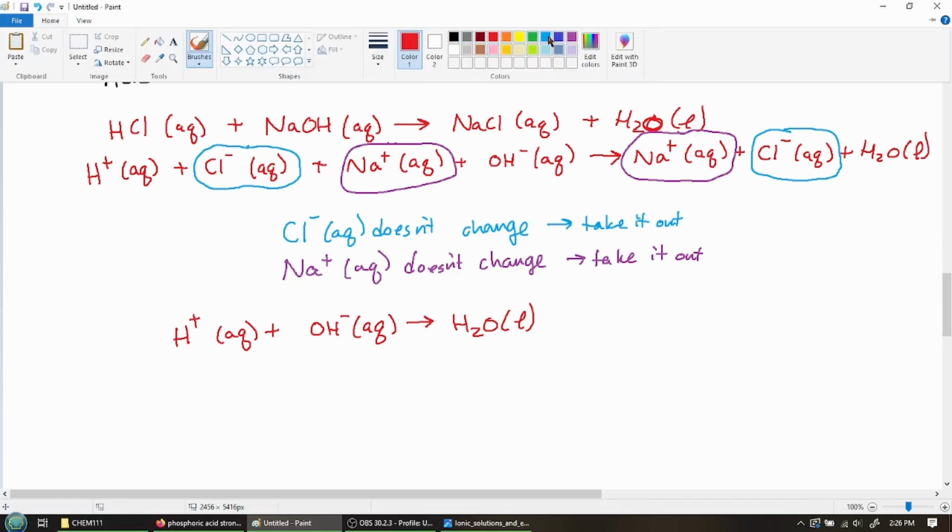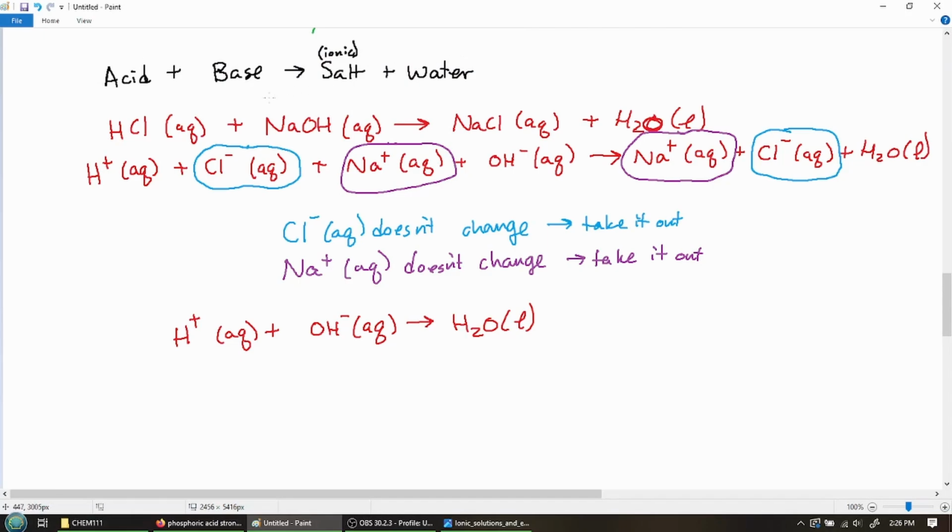So let's label these things. We are going to call this first one, what does the book call it? The book calls this first one the molecular equation, because what this is telling us is everything that's reacting, but in its complete chemical formula state.